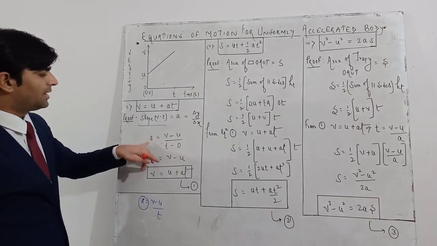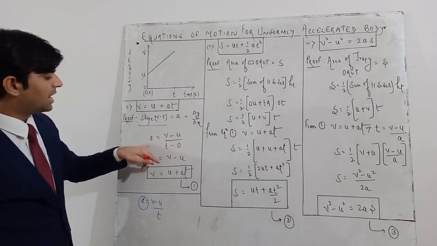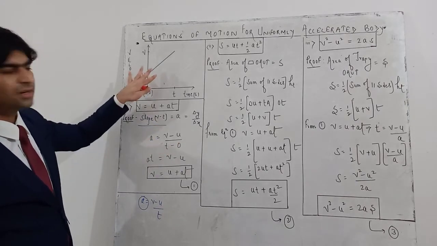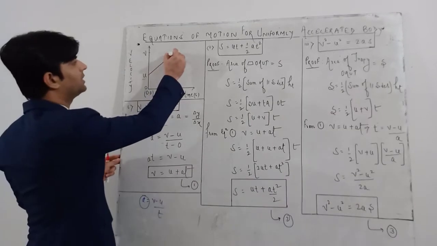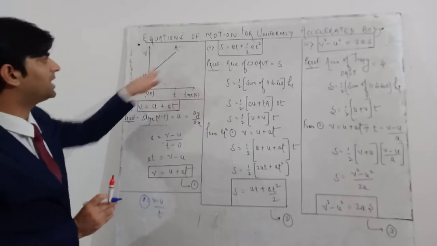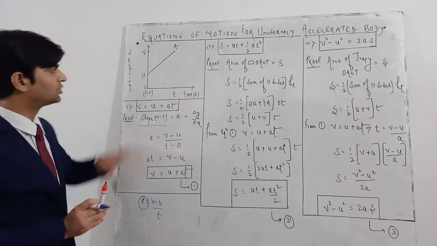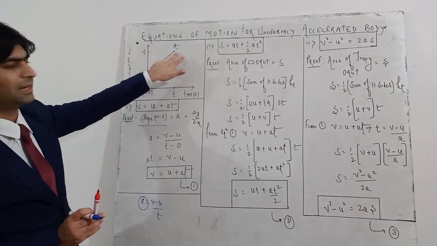So the slope of a VT graph gives acceleration. Acceleration is equal to, from this graph, how will we calculate acceleration? Change in y-axis. Suppose I am writing this point as O. So you have to find the slope of the UA portion. Change in y-axis: this is the starting point and this is the final point.